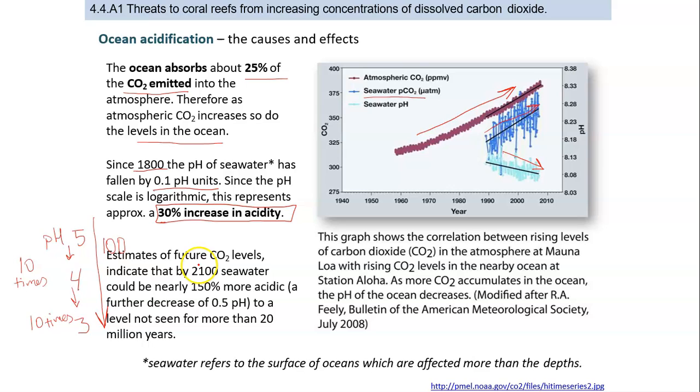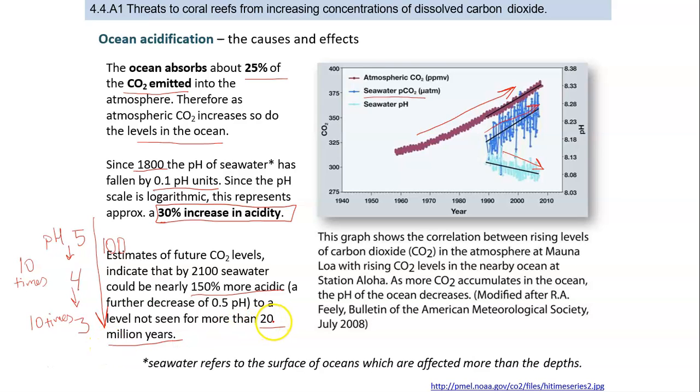Estimates of future carbon dioxide levels indicate that by 2100, seawater could be nearly 150% more acidic. A further decrease of 0.5 pH, to a level not seen for more than 20 million years.